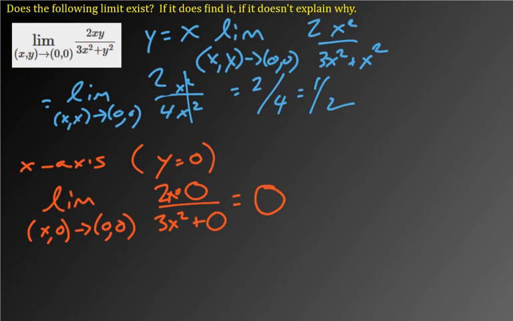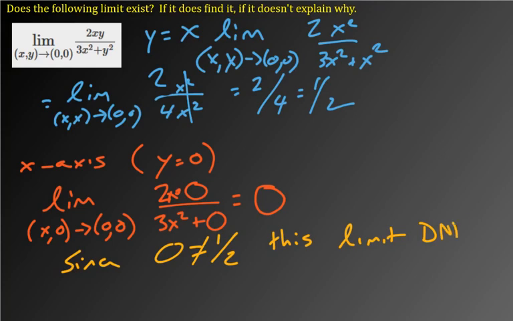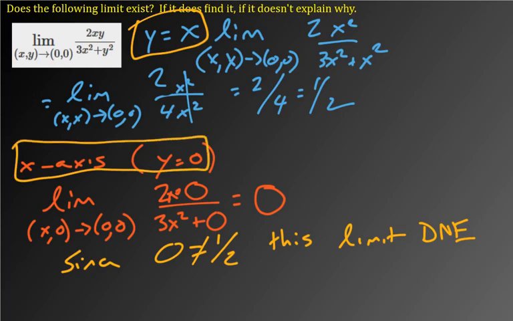And since 0 doesn't equal half, right? This limit doesn't exist. We just showed that along two different paths, y equals x and the x-axis, y equals 0, we get two different things. So basically that means that as we come in to the same point, we got some sort of jump discontinuity kind of thing.